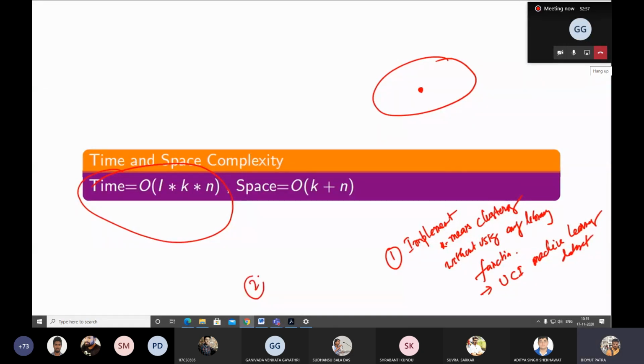Second assignment is to implement k-means using a library function and verify the results you obtained in your approach.